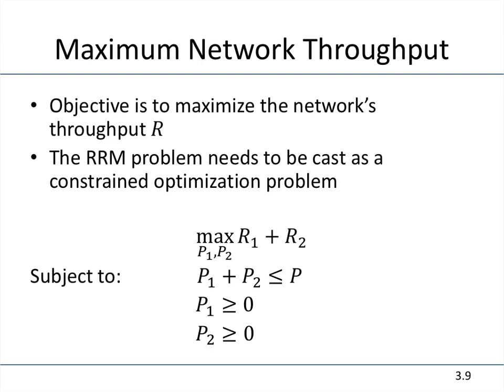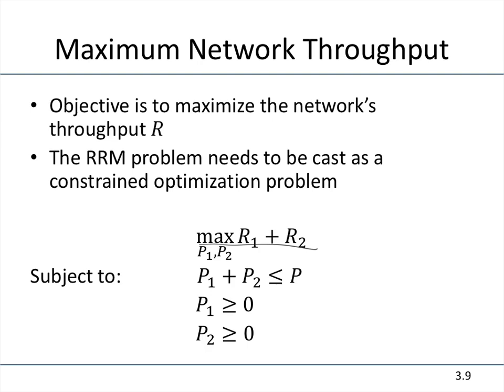So the alternative is how to maximize R1 plus R2, okay? This is the objective. By maximizing R1 plus R2, sorry, because maximizing R1 or R2 alone is a totally different objective.